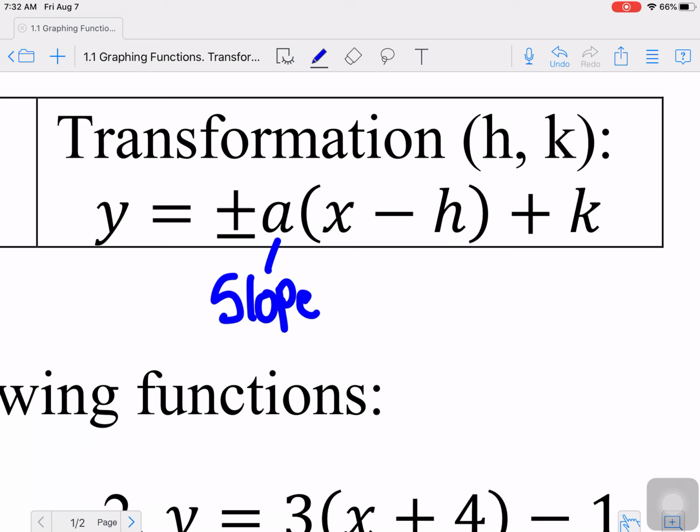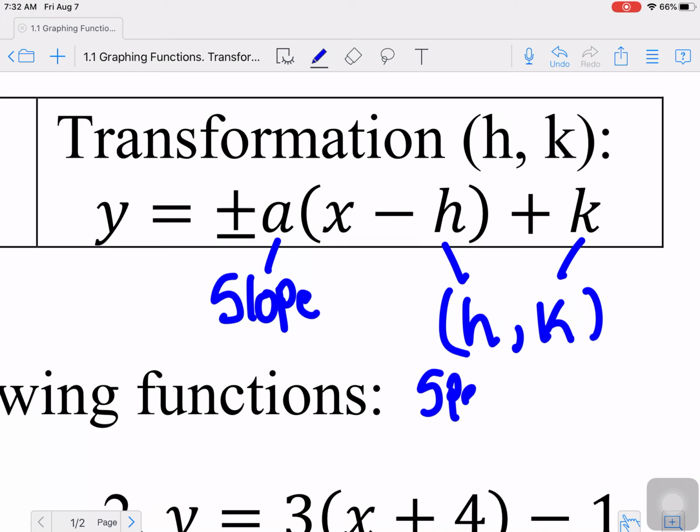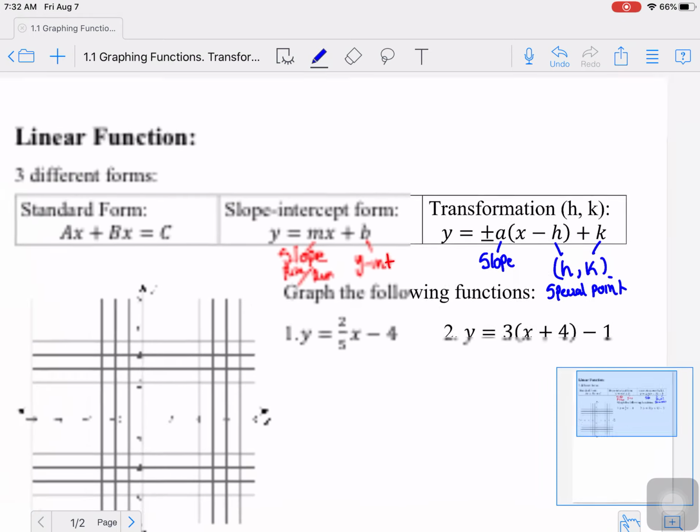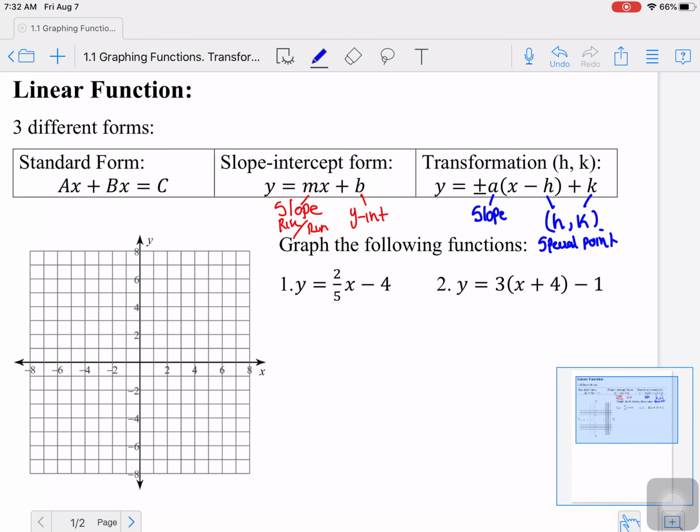Your h and your k, when combined together, make a point. In this case, we're gonna call it your special point, but later on, it's gonna have a more formal name.